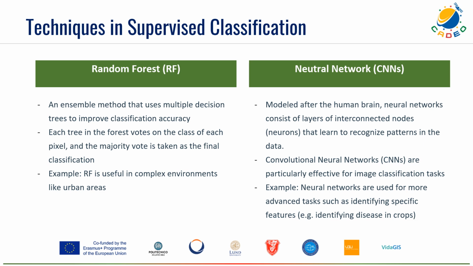And the next one is the neural network. Modeled after the human brain, a neural network consists of layers of interconnected nodes that learn to recognize patterns in the data. Convolutional neural networks, what we call CNNs, are particularly effective for image classification tasks.